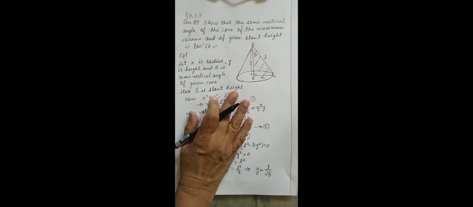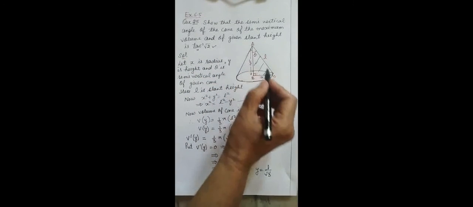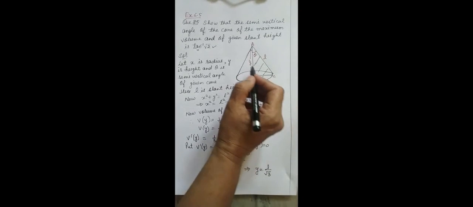Now let us check in the question what the requirement is, that is, in which form I have to give the solution. I have to show that the semi-vertical angle is this quantity, so I have to find the semi-vertical angle. In this diagram, students, what will be tan theta? Because I have to find my angle in the form of tangent. In right triangle ABC, tan theta will be equal to x upon y.